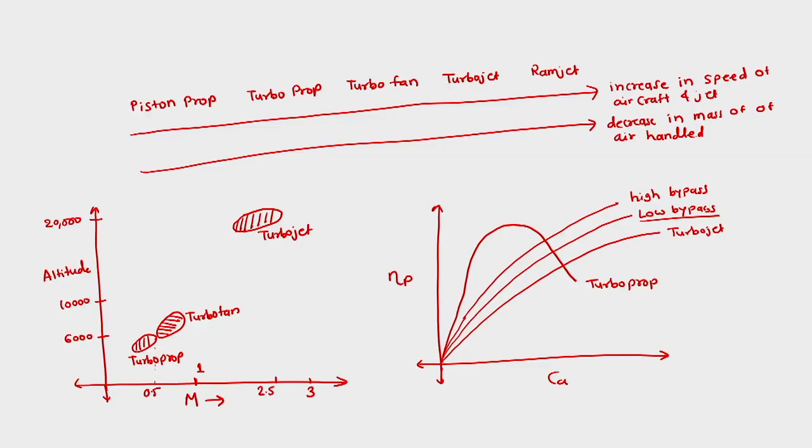So a lower amount of air would pass through the cold circuit and more air would pass through the turbo part and generate more thrust. So this is the trend of propulsive efficiency and speed of the aircraft. This is how we have seen that there are different kinds of aircraft and different performance parameters which are needed to evaluate the performance of an aircraft.